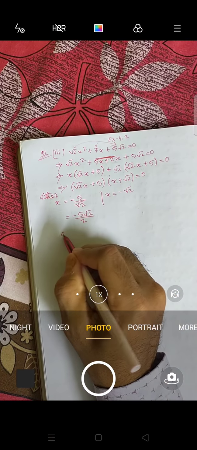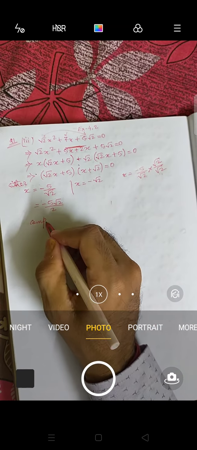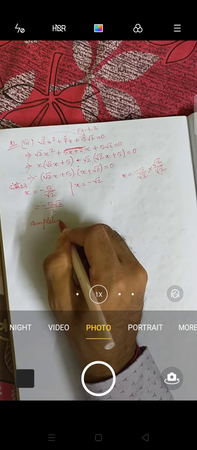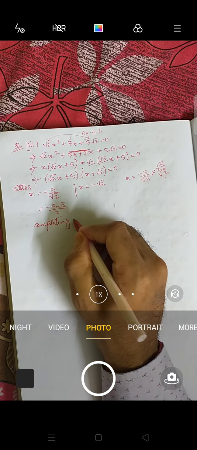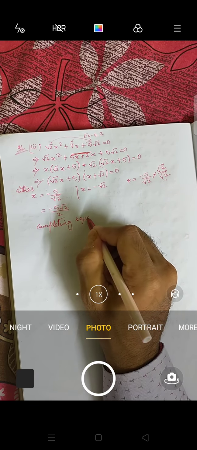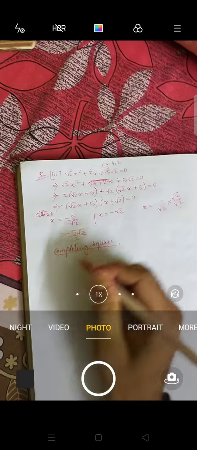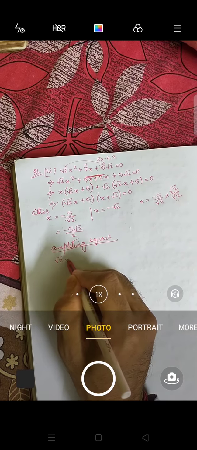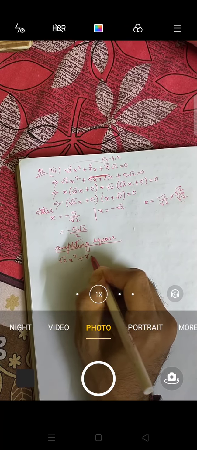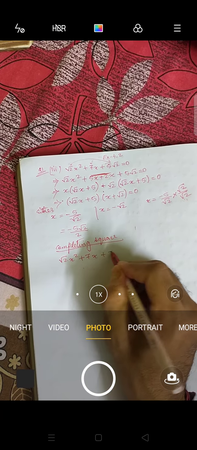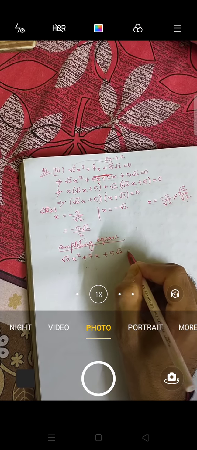Now we'll try to solve it by completing the square. So the middle term part is over. Now completing the square: root 2x square plus 7x plus 5 root 2 equals to 0.